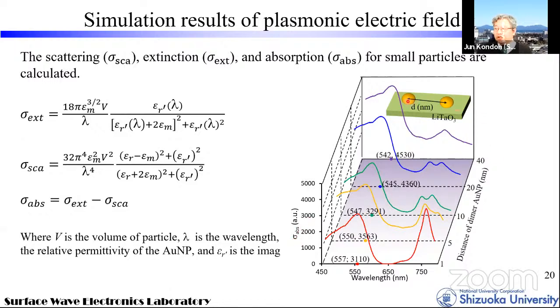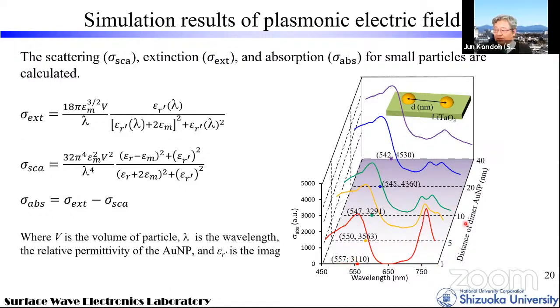We changed the distance between two gold particles on lithium tantalate. This is the distance between the particles, the horizontal axis is wavelength, and the vertical axis is absorption. And these numbers show the peak wavelength and absorption. Please pay attention to the wavelengths.